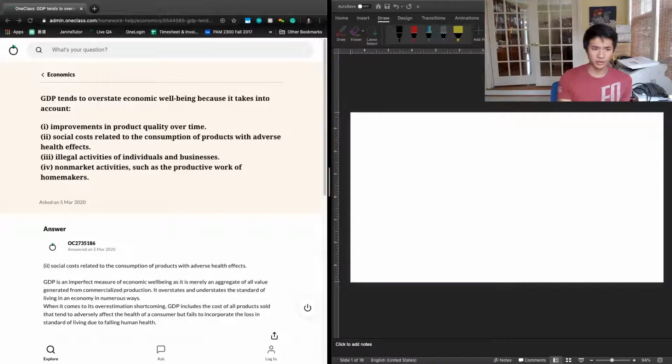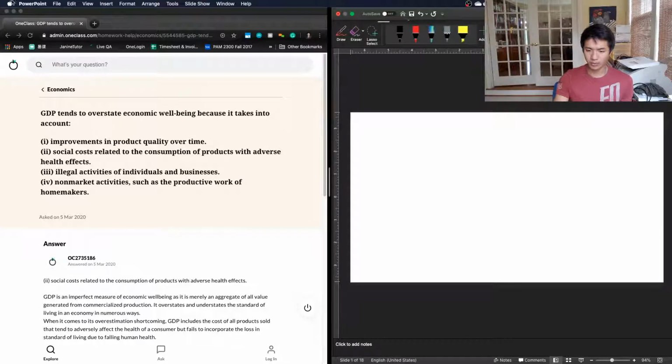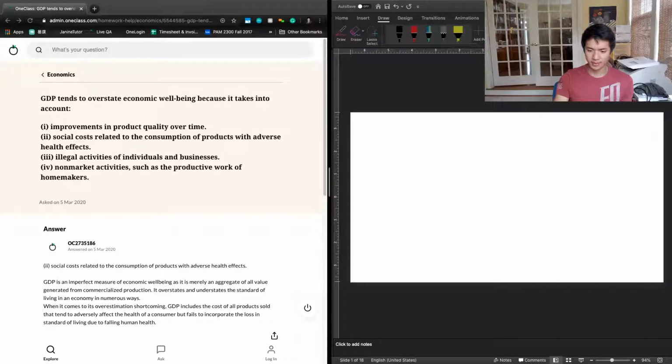The third answer choice says illegal activities of individuals and businesses. Right off the bat, off our first criteria of being included in GDP, we can eliminate this answer choice. We know that the GDP expenditure approach really only captures spending in the legal markets, right?